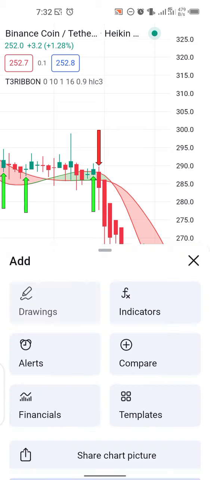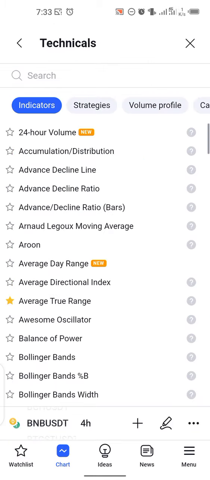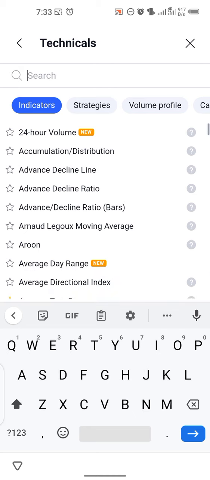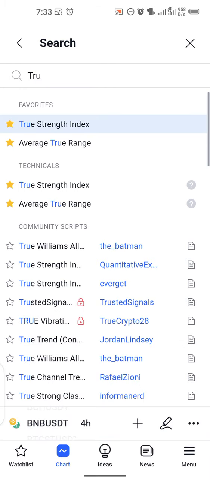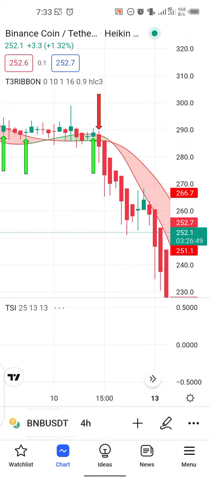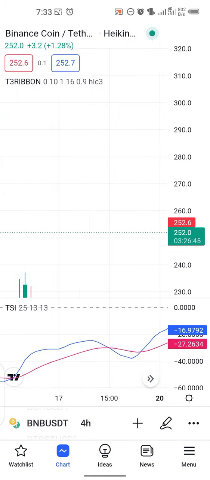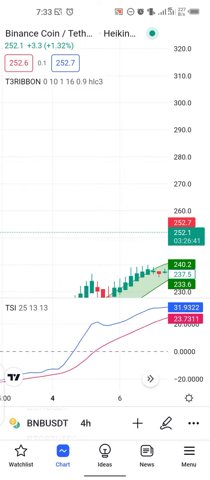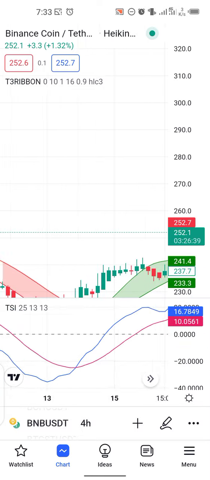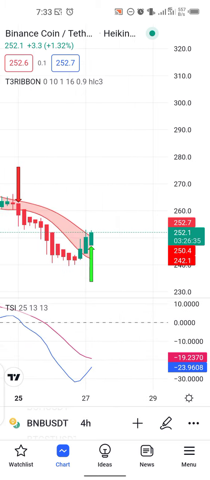So we tap on the plus sign, FX indicators, and go to the technicals and put in the true strength indicator. We tap on it once, then it comes up on our screen. So ladies and gentlemen, here is our true strength indicator. I hope you can see it. These are the two lines, the blue line and the red line.